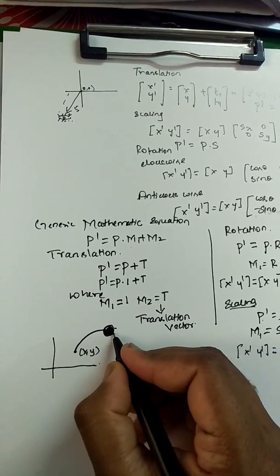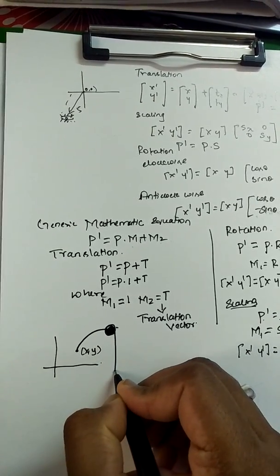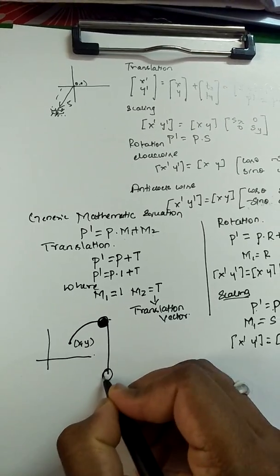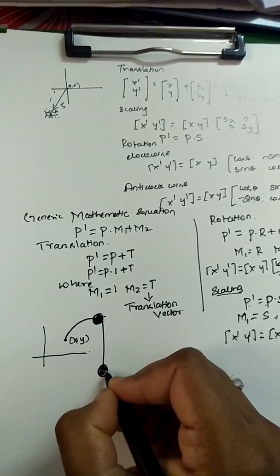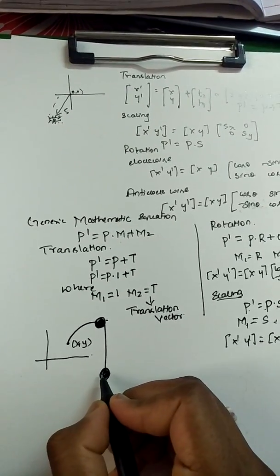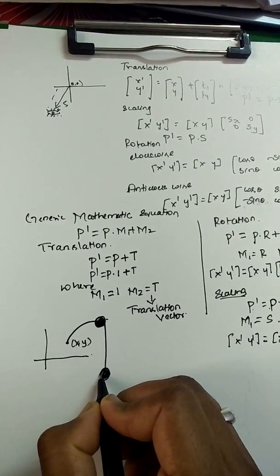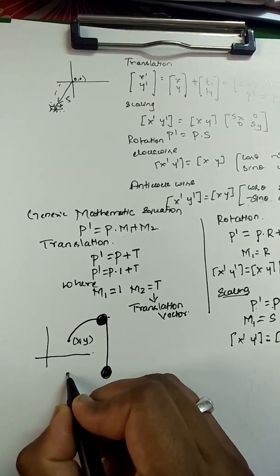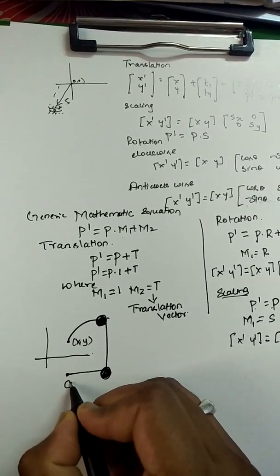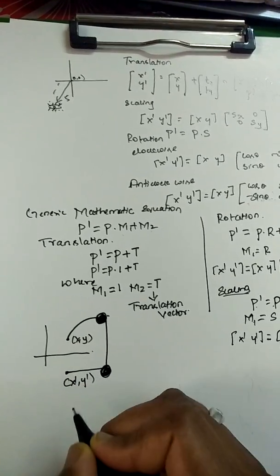Then I make a translation so that it falls here. Again, I resize it so that it becomes small, something x dash y dash.